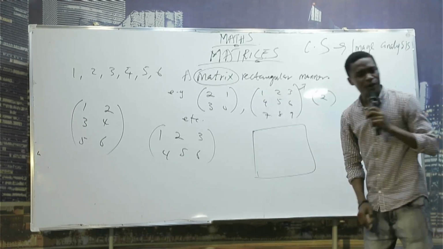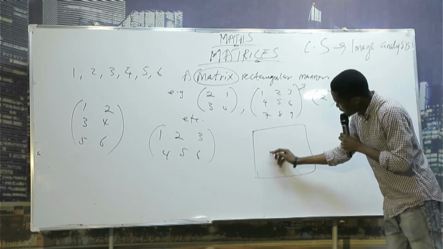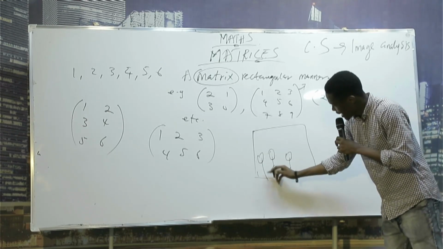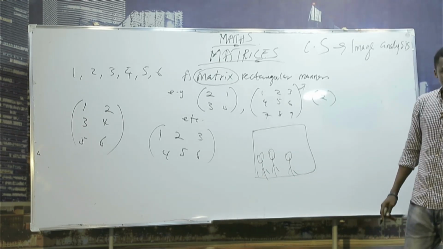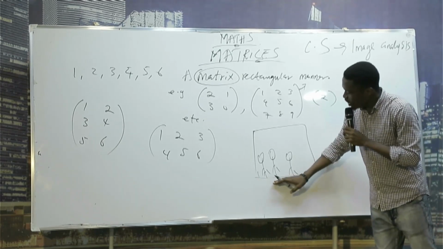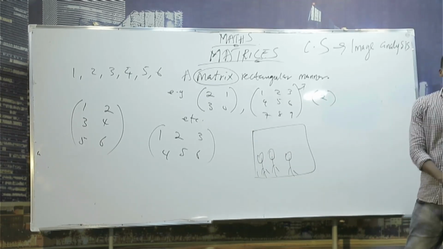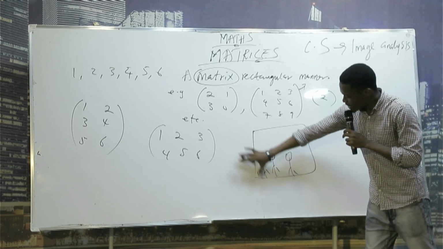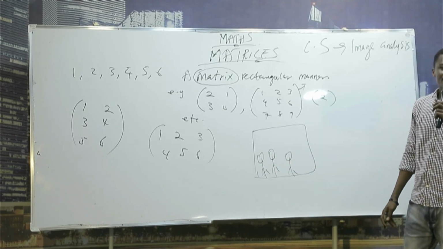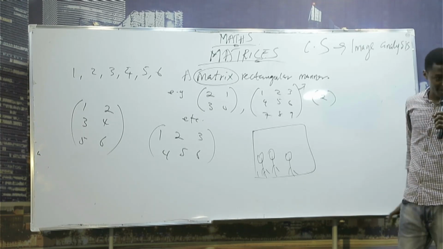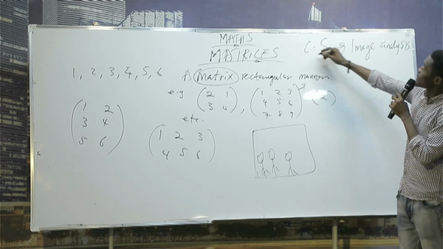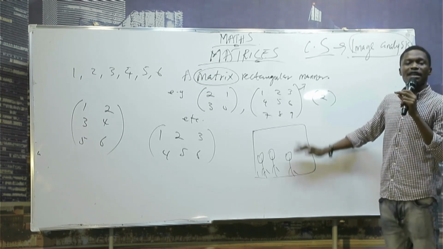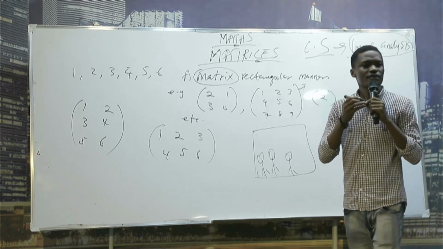Let's say you have a picture, and in that picture, this is you, this is your mother, and this is your father. This picture is basically a matrix. In a mathematical way, this picture is a matrix. A very, very huge matrix. So, as a computer scientist, you are going to do image analysis, which is basically matrices.